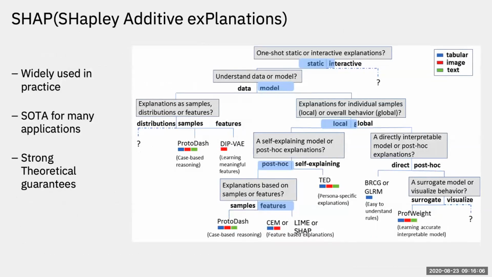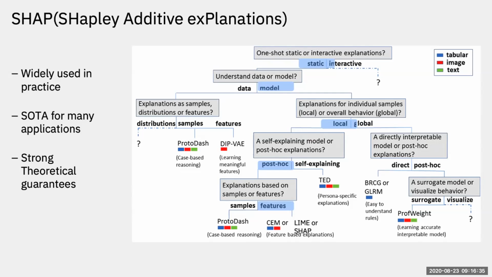Another widely used explainable AI method is called SHAP, or Shapley Additive Explanations. This is very common in many applications, including healthcare domains, and this is because it has very strong theoretical guarantees. It is similar to LIME in terms of where it falls in the taxonomy that we are using here.